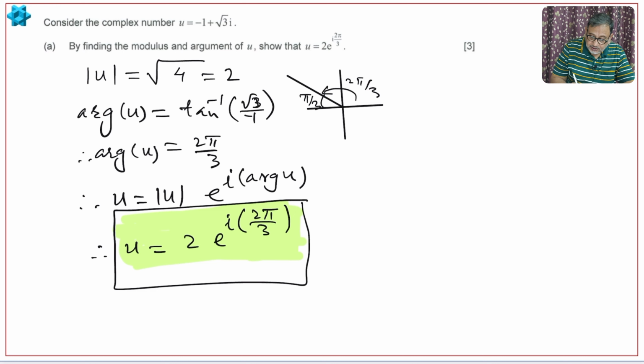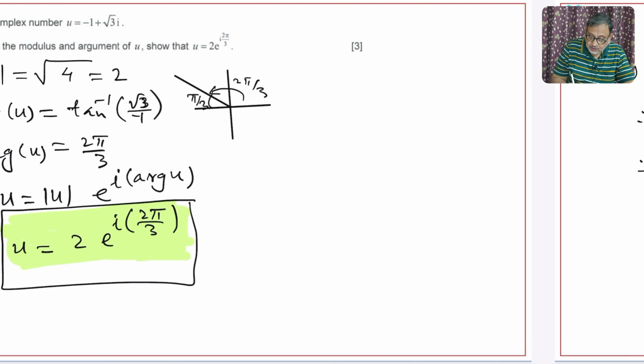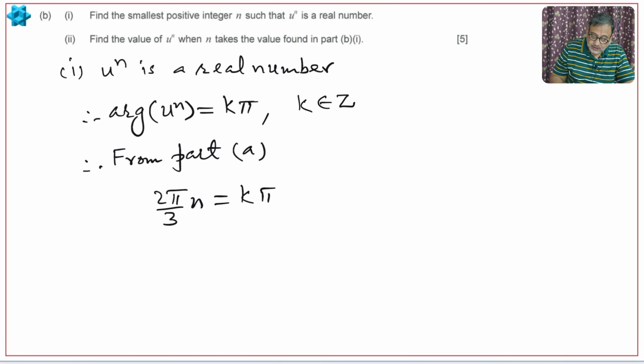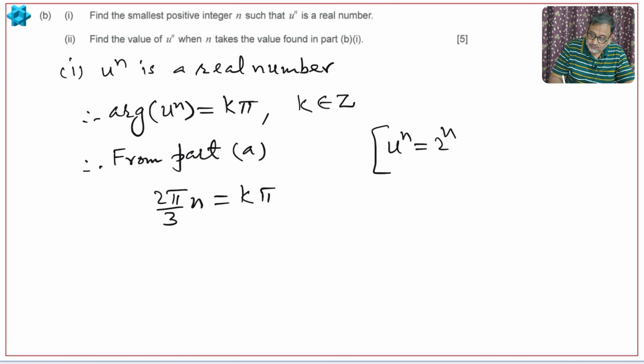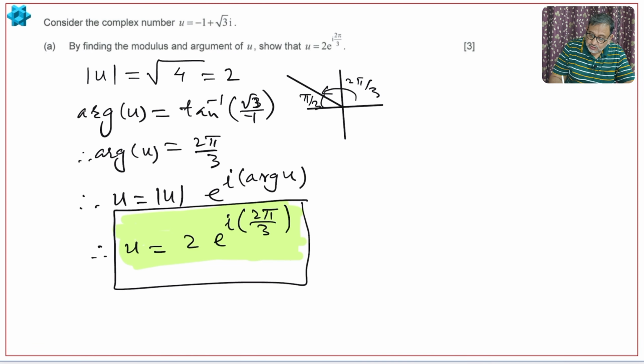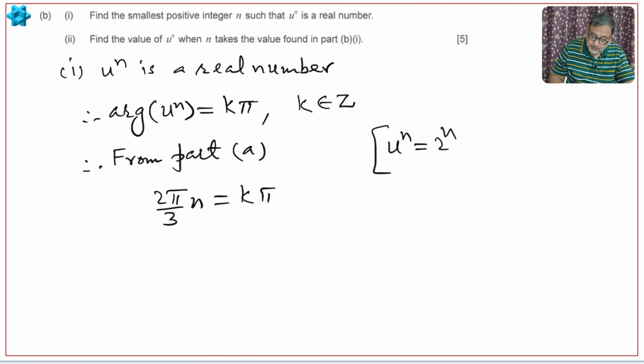2 pi by 3 n will be equal to k pi. See here, u is this, so u to the power n will be 2 to the power n, and this will get multiplied by e to the power i 2 pi by 3 n.